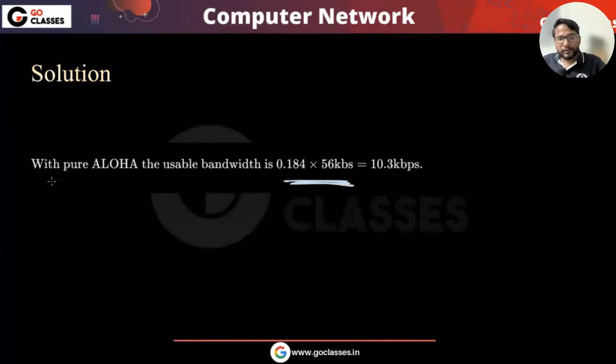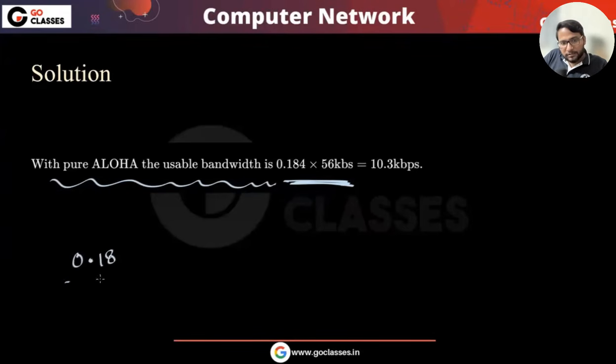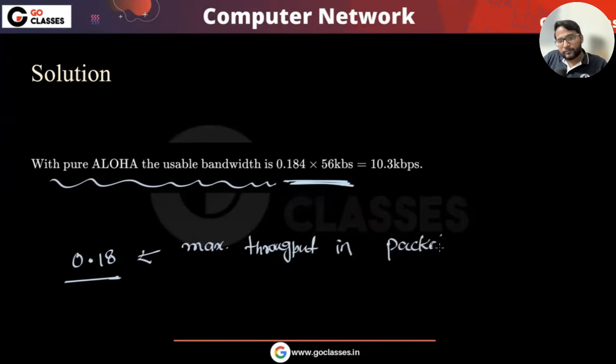So with pure Aloha, the usable bandwidth is just this much in kbps. So you can say the 0.18 is your maximum throughput in packets per transmission time.